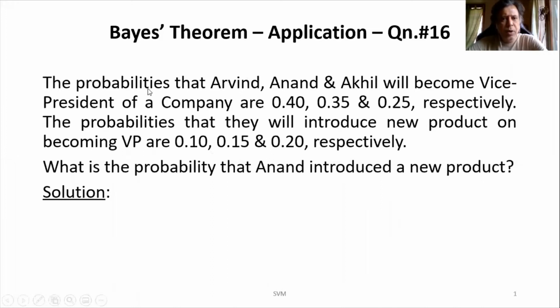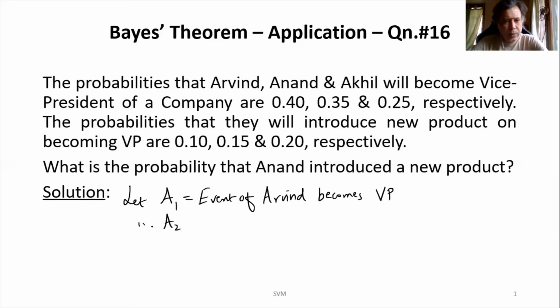First one, probability that Arvind, Anand, and Akhil will become VP. So let me define some events. Let A1 equal to event of Arvind becomes VP.